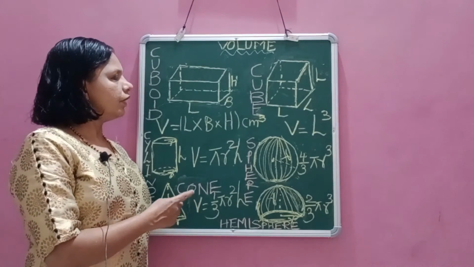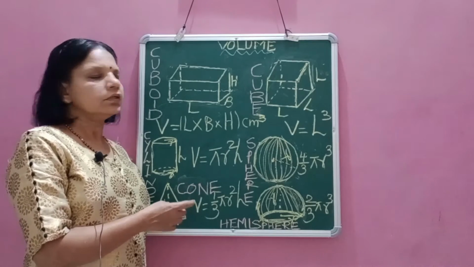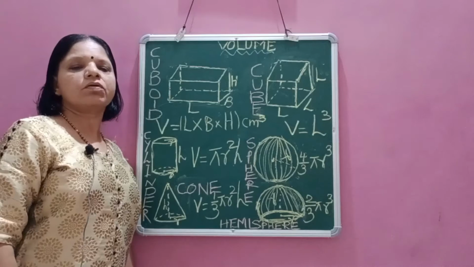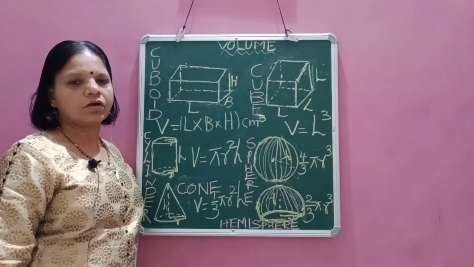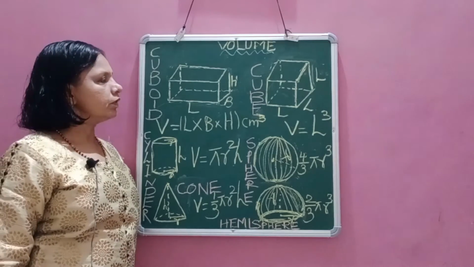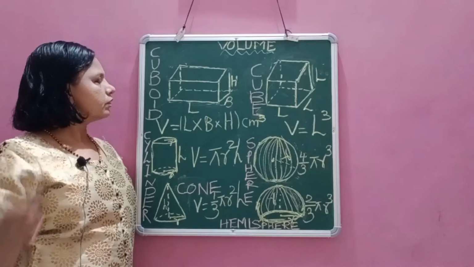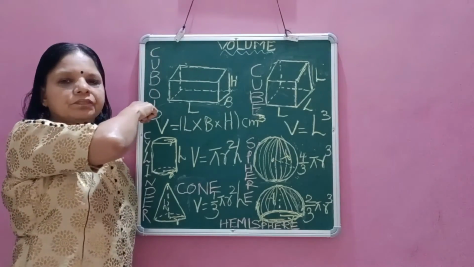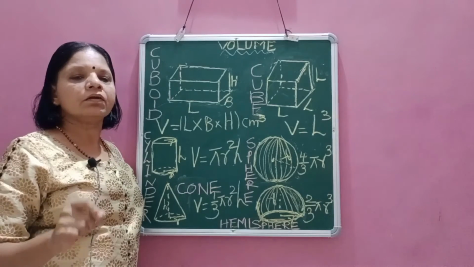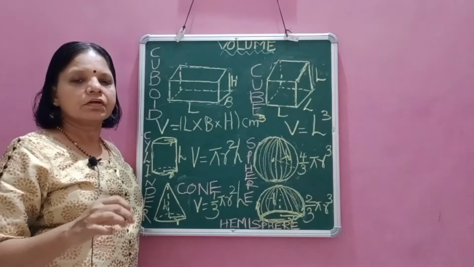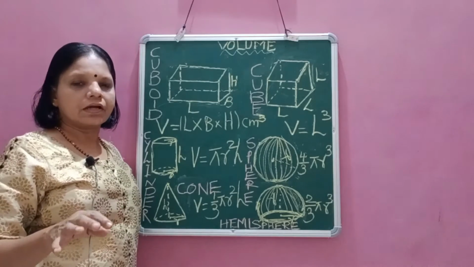Now here various three-dimensional figures are there. These three-dimensional figures are also called solid figures. And what will be the volume of each figure? The first one is called cuboid. Cuboid is also called rectangular parallelepiped because its faces are all rectangles.